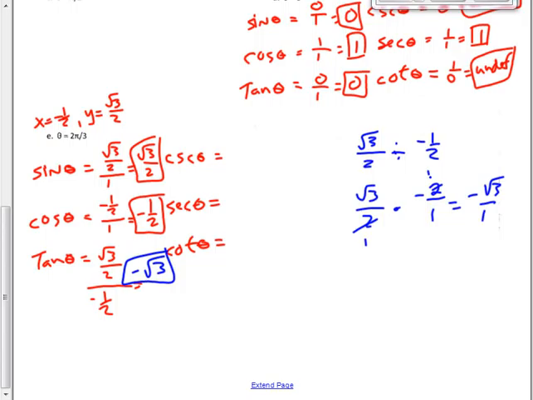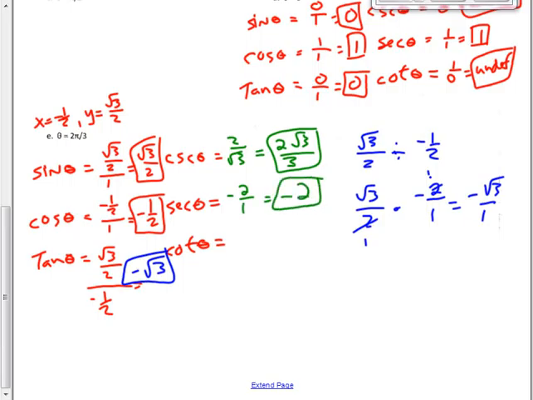Cosecant. So when I go through and do cosecant, I'm flipping over 2 and square root of 3 over 2, so I get 2 over the square root of 3. When I rationalize that, I get 2 square root of 3 over 3. Okay. Secant, when I flip over negative 1/2, I get negative 2 over 1. Notice that I did not change the negative. It's still negative.